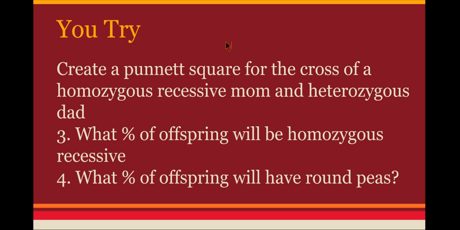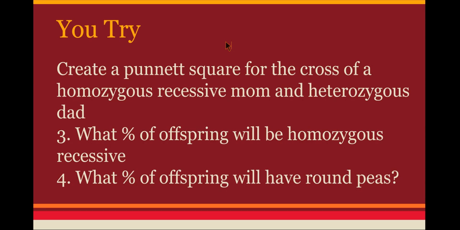So hopefully you've done your calculations by now. Question number 3, what percent of the offspring will be homozygous recessive? This is a question of genotype. Good, so hopefully you got that you are going to get 50% are going to be homozygous recessive, 50%.